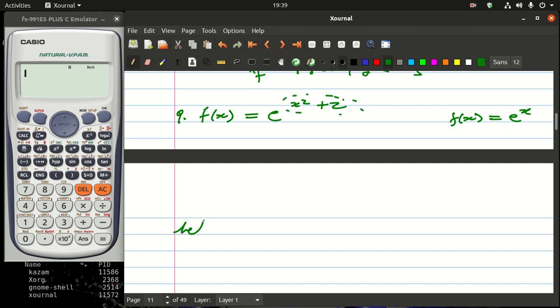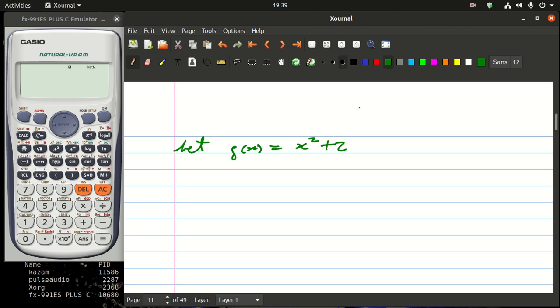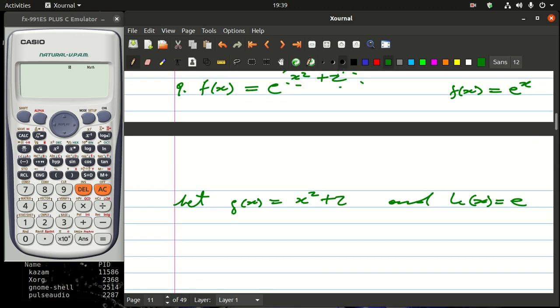So I'm going to let g of x be equal to x squared plus 2, that function that is sitting in the value of x. And then my h of x is going to be e to the power x, so that my f of x is equal to h of g of x, right?